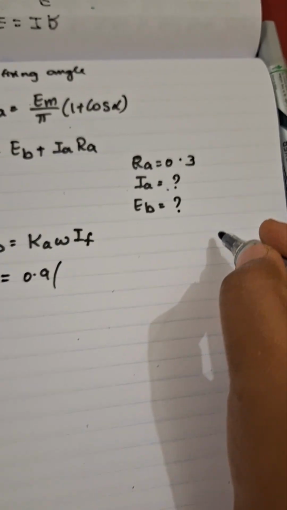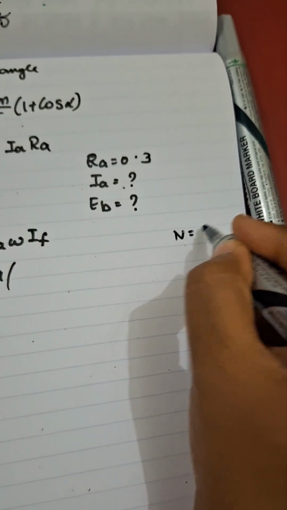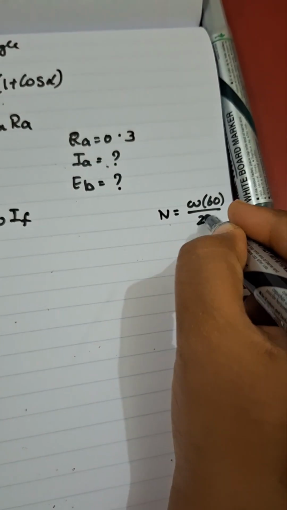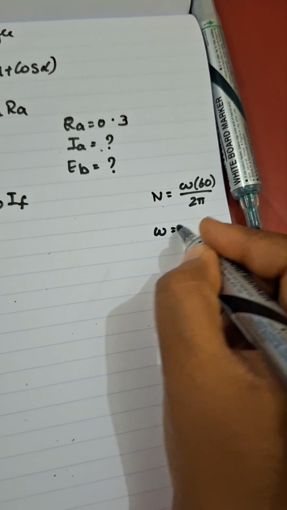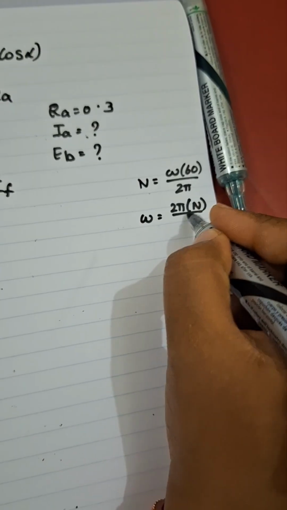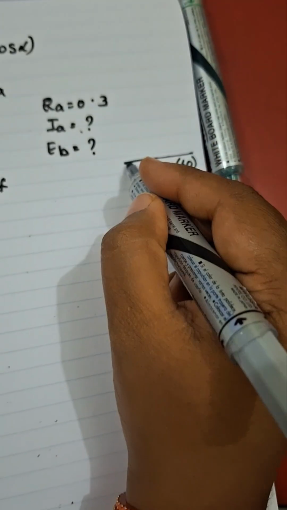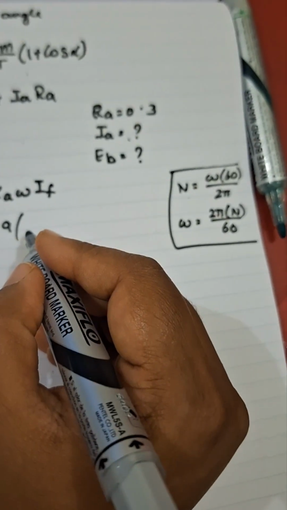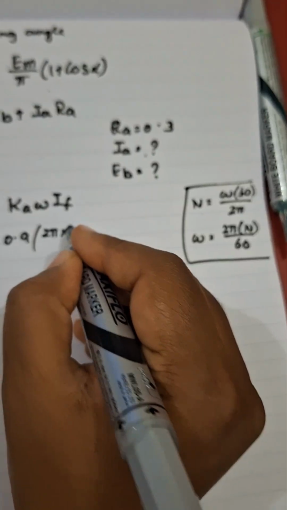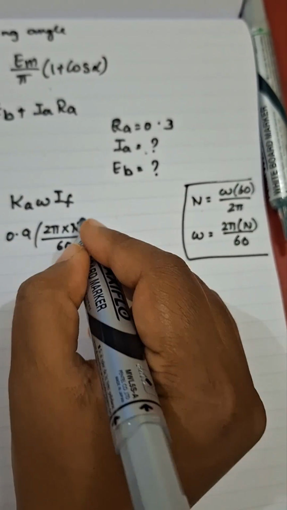We have N equal to omega into 60 by 2 pi. Now we want omega, so omega is equal to 2 pi times N by 60. By this I am using it.